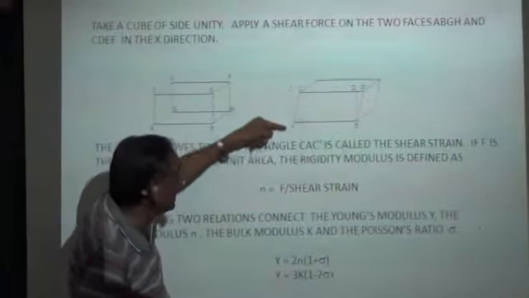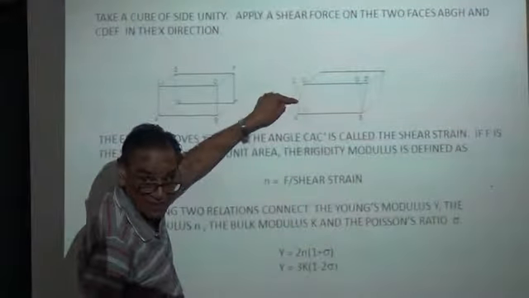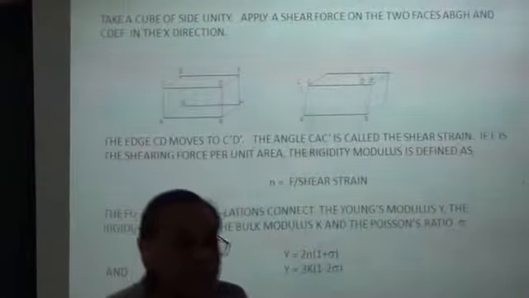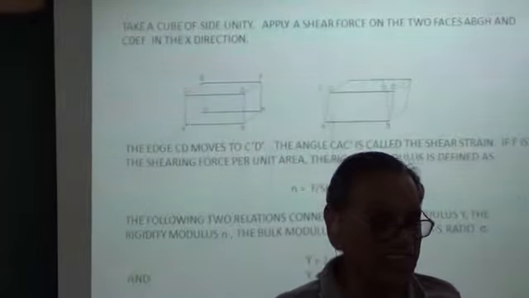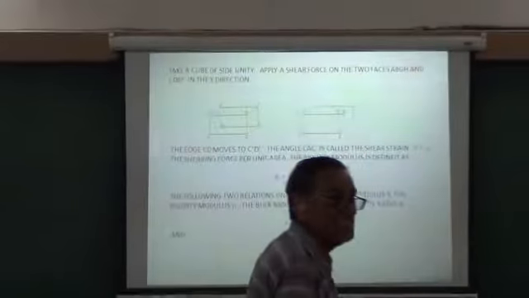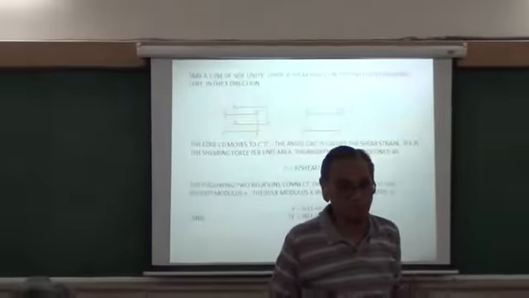CC dash by CA will be the tangent of the angle phi. And the tangent of the angle phi for small values of phi is equal to phi in radians. So the angle phi will be equal to CC dash by CA. This is called the shear strain.